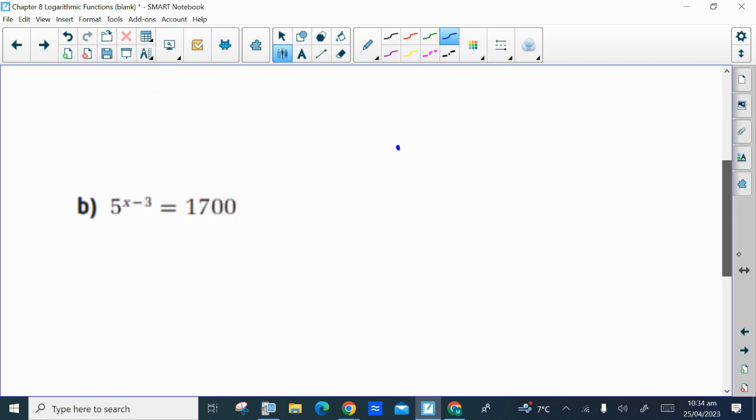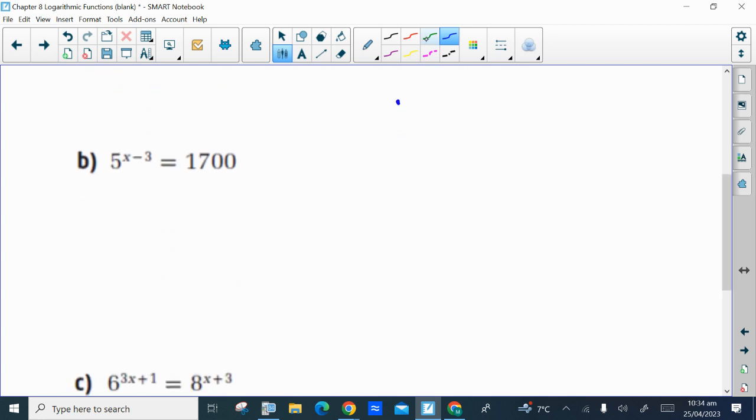So the next one, again, I will do this by converting from exponential to logarithmic. It'll be log base 5 of 1700 equals x minus 3. And then to get x by itself, you would just add the 3 to both sides. So it'll be log base 5 of 1700 plus 3.